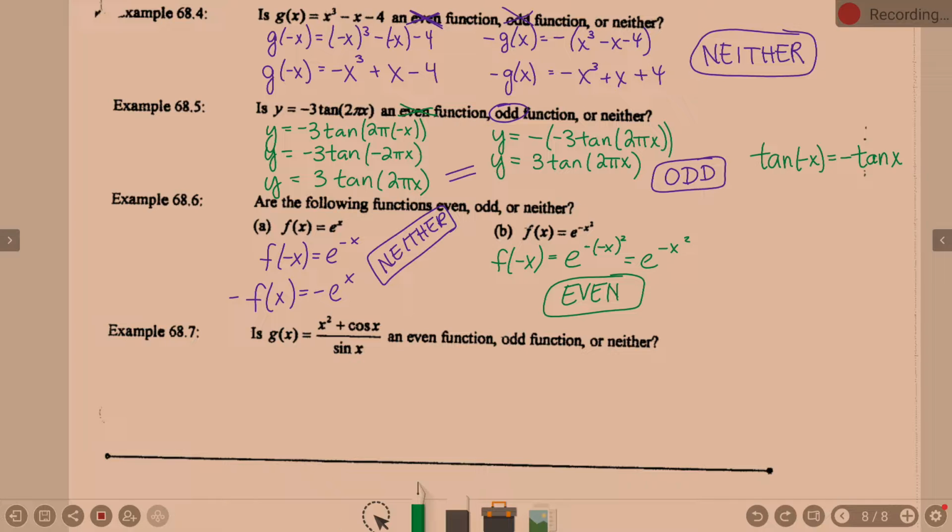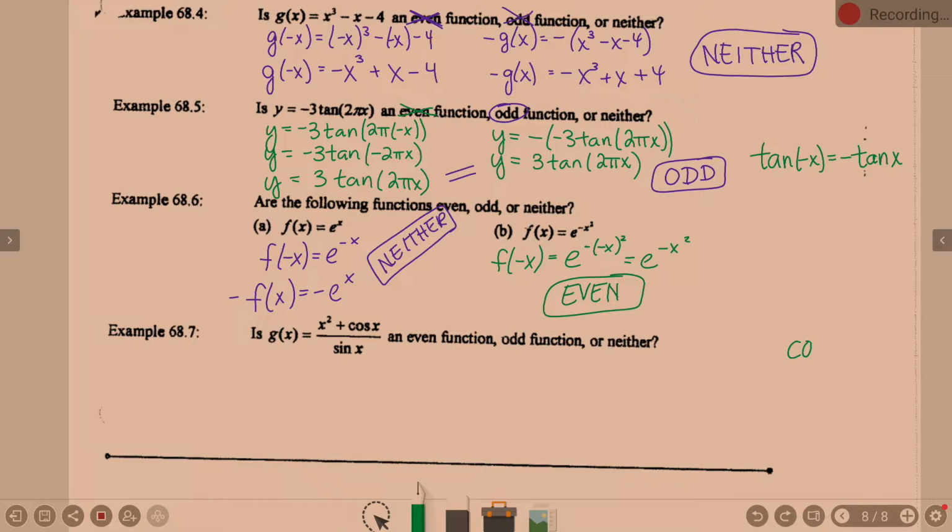Example 7. Last one, I believe, because we're just on the front side today, right? Yep. Okay. Is g of x equals x squared plus cosine x over sine x even, odd, or neither? Now, side notes. What side notes are we going to need to know here? The cosine is even, the sine is odd.